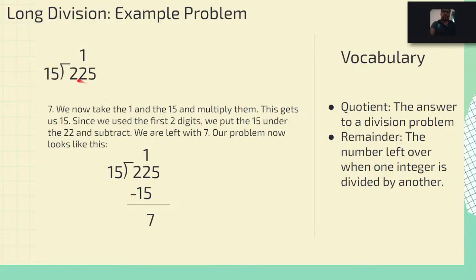Since we used the first two digits of the dividend, we subtract 15 from 22. So now 22 minus 15 gets us 7. Our problem now looks like this. The 1 is still above the 22, and now we have a 7. We can't put 15 into 7, so I'll show you what we do next.